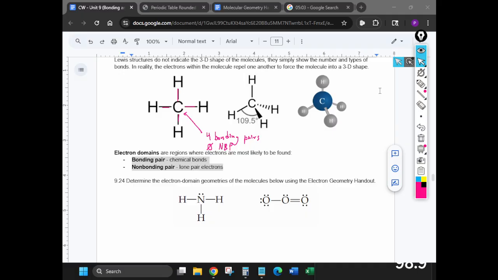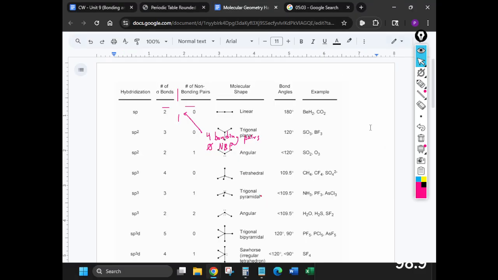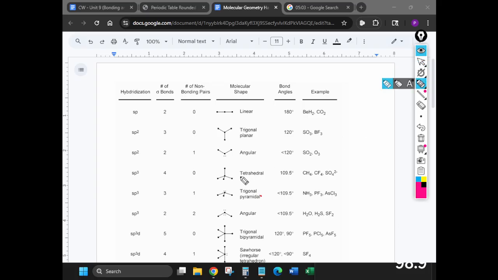So what this is going to allow us to do is we're going to use that chart that I gave you guys 2 Christmas presents today, to figure out what the shape of methane is. So we're going to go to our chart, and you're going to look for 4 bonding and 0 non-bonding. So you're going to look right here, and that's going to tell you that methane is sp3 hybridized. We'll talk about this later. And the shape's name is tetrahedral. It also tells you the angle of the bond.